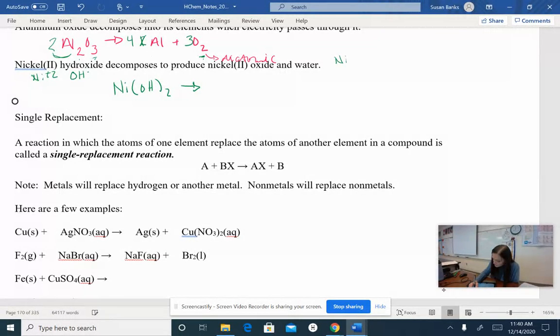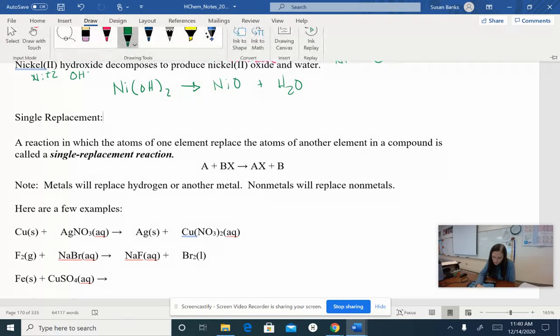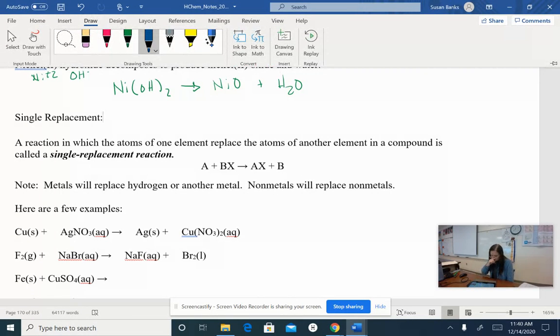So nickel still has its charge of +2. Oxygen has a charge of -2. What ratio am I going to need there? 1 and 1, right? Nickel oxide and water. Okay, so now let's go back and balance this.